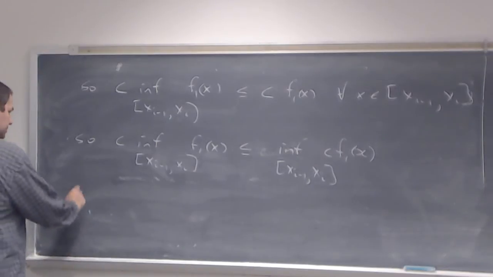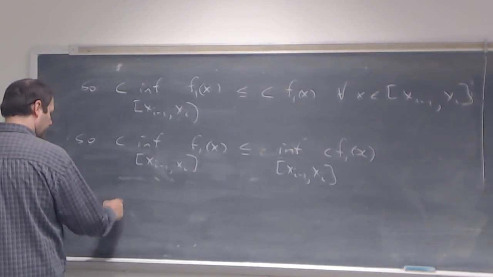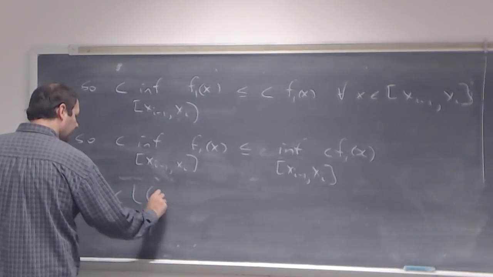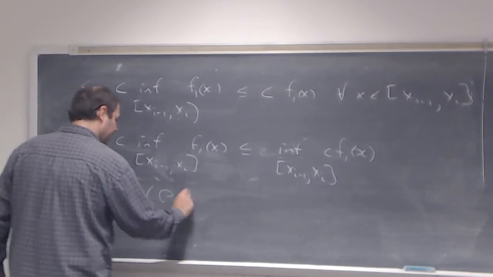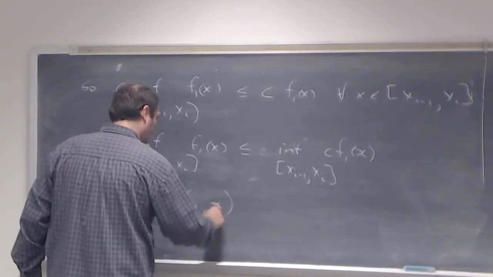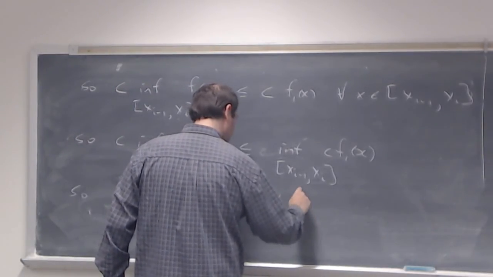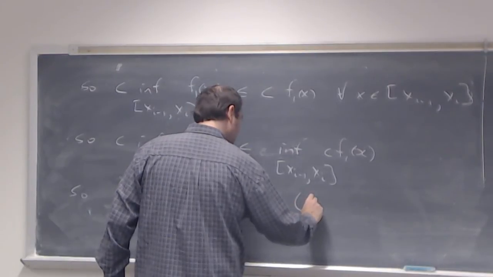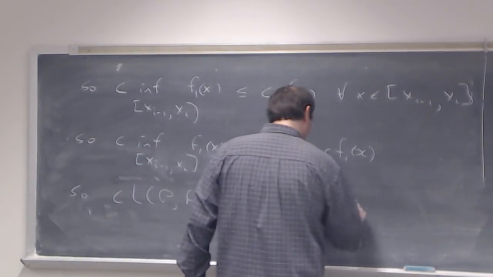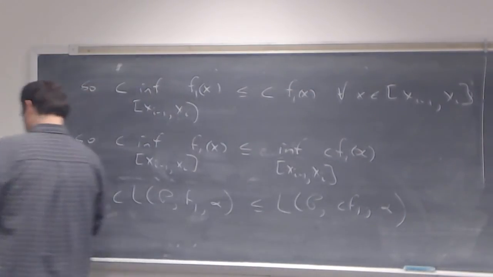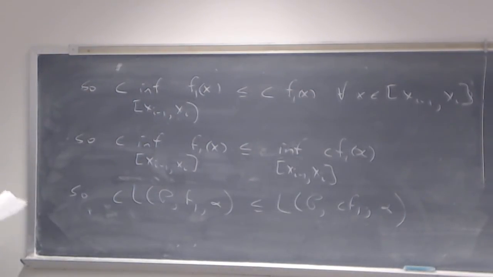So that yields that C times the lower sum with any partition P of f_1 and alpha will be less than or equal to the lower sum of the same partition of C f_1 and alpha. So that's the result we get from that.